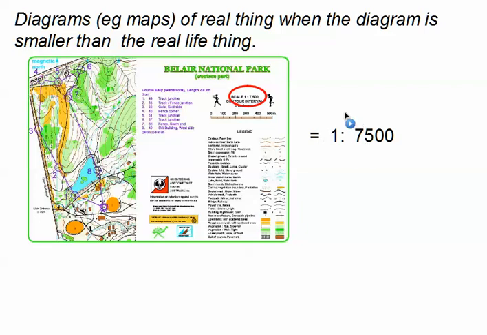That means the map to real life is 1 to 7,500. So again, we say the scale factor here is 7,500. Real life length is 7,500 times the corresponding length on the map.